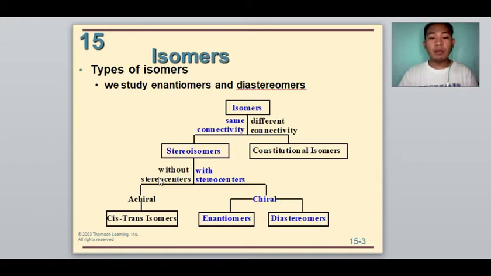Without stereocenters, the stereoisomer is achiral, and a molecule with stereocenters is chiral. The chiral are further classified into enantiomers and diastereomers, while achiral are classified into cis and trans isomerism.